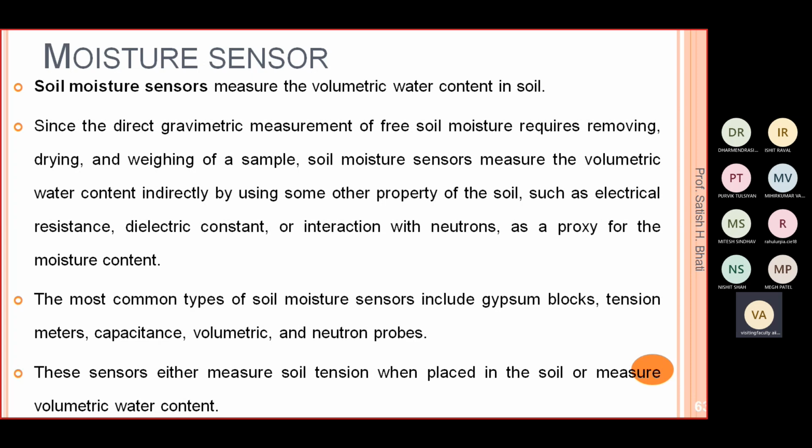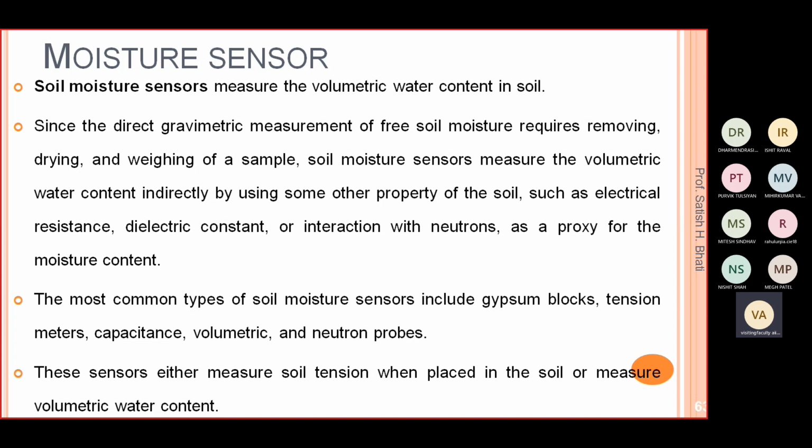Since direct gravimetric measurement of free soil moisture requires removing, drying, and weighing of the sample, soil moisture sensors measure the volumetric water content indirectly by using some other property of the soil. Such properties are electric resistance, dielectric constant, or interaction with neutrons as a proxy for the moisture content.